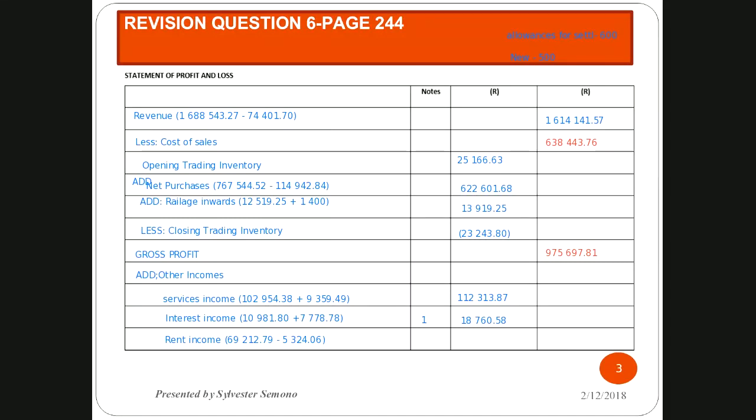Let's go back and check any other income you see there. What other income do you see there from the list of balances? Just to help you, I see credit losses recovered. Can you see that one there?